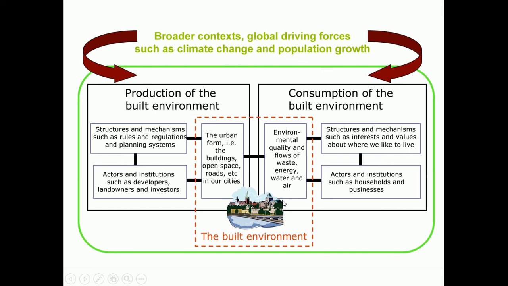So in the UK, for instance, many people want to live in suburban areas or in the countryside, with a lot of greenery around them at a fairly low density, unlike in some areas of mainland Europe, for example. That guides what happens, and that then guides what actors and institutions like households and businesses do.